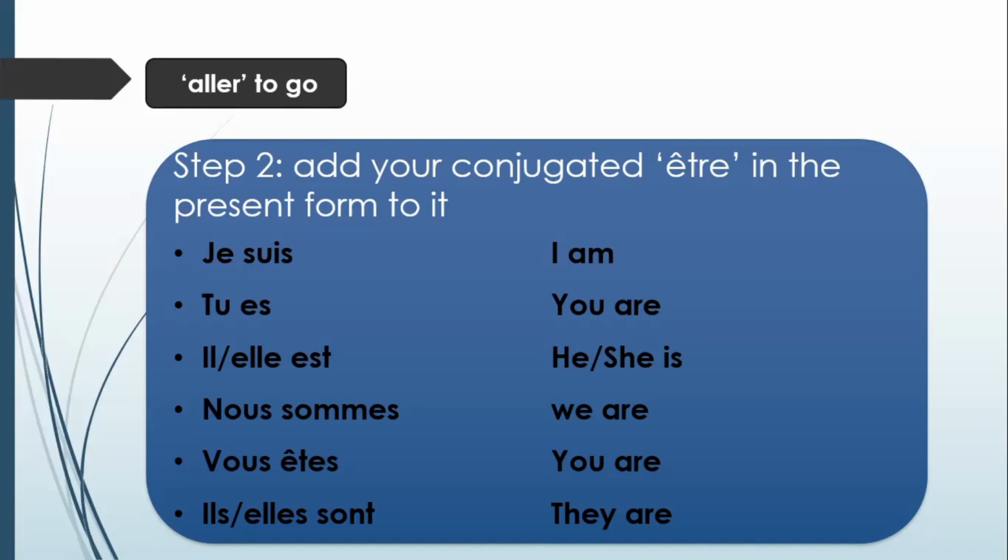When we wanted to conjugate être in passé composé, we say j'ai été, tu as été, il ou elle a été. That means we use avoir also for it. Most of the verbs in French, we use avoir to conjugate them. But for this aller, it is être that we use to conjugate it in passé composé.